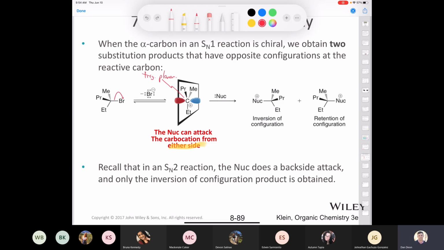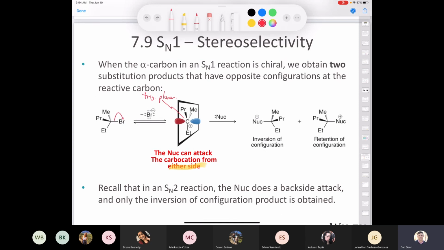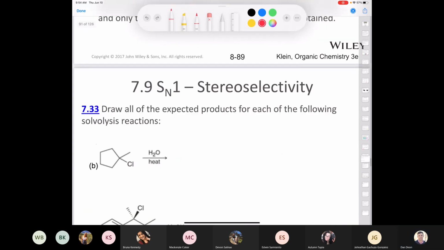You just lose the leaving group, and you end up with a racemic mixture of products. I wouldn't be very happy about that. I'd get kind of ticked off. So this is why you want to have a firm grasp of what is going to happen when you look at a substrate.